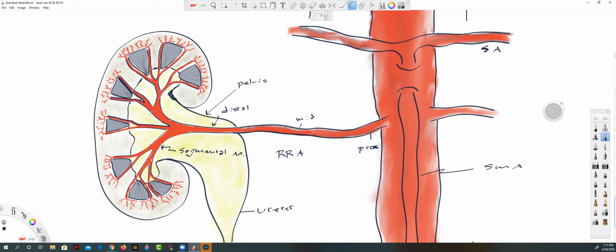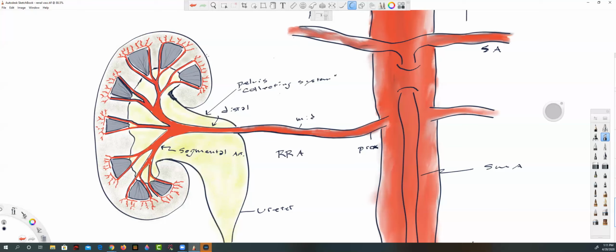It can be partially in, partially out. It could be all in, it could be mostly out, and there's different pelvis arrangements. I've kind of drawn a halfway arrangement there. So the pelvis is the collecting, our first part of the collecting system is the pelvis here. We'll just label pelvis. There's other things to label, but we're going to talk more about architecture tomorrow.